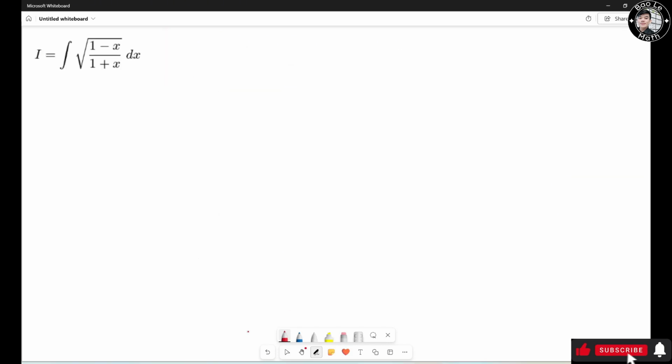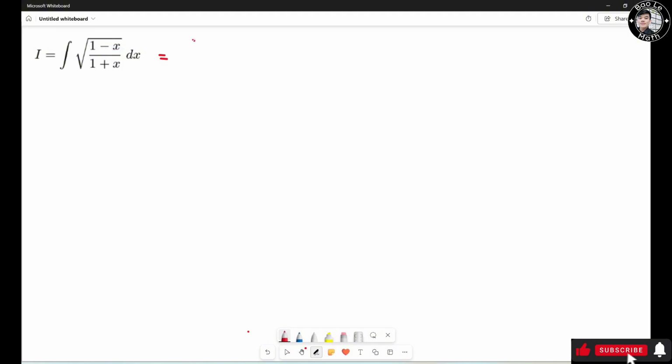Let's learn how to solve this integral from the MIT Integration Bee 2006 final round. Alright, observe that we have the square root of the rational function right here. We need to eliminate the radical sign. So in order to do that, I'm going to multiply the top and bottom by square root of 1 minus s.